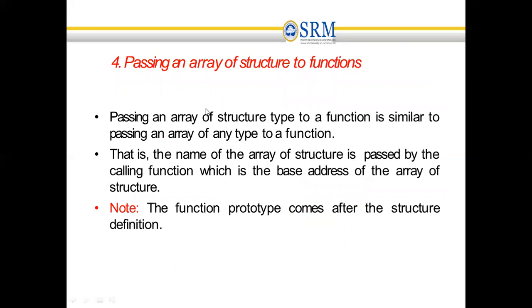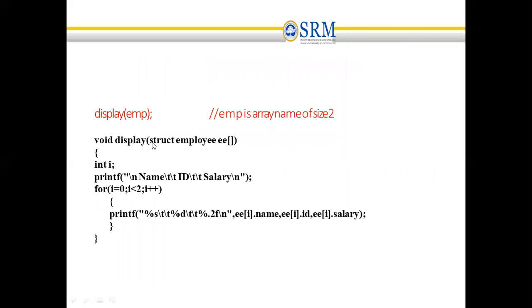Now let us look into our fourth way of dealing with structures and functions. What if you have to pass the array of structure to a function? This is the prototype. I'm going to just mention the name of the array.